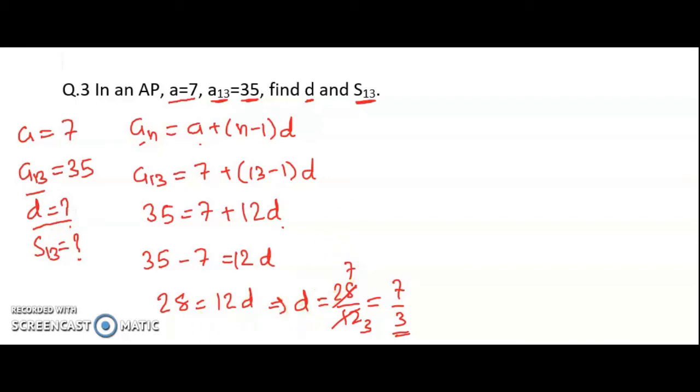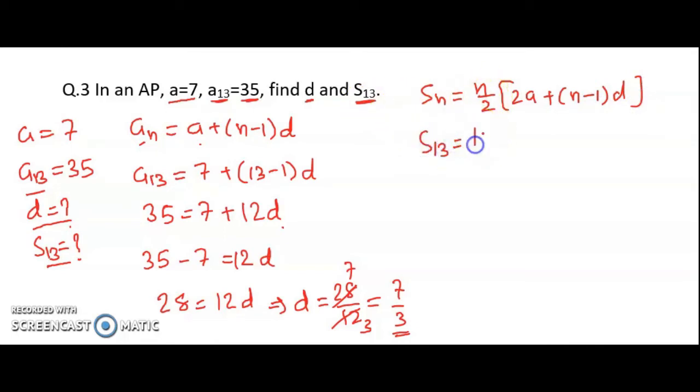Now we want to find the sum of the first 13 terms. So we know the formula of Sn equal to n by 2 into the bracket 2a plus n minus 1 d. We want to find the sum of the first 13 terms.